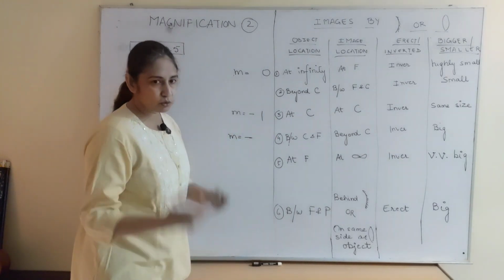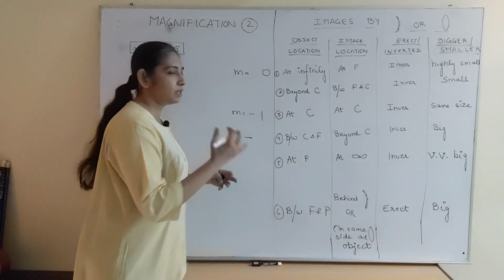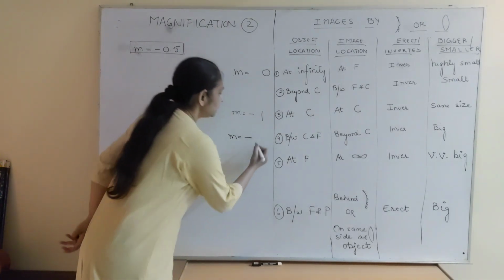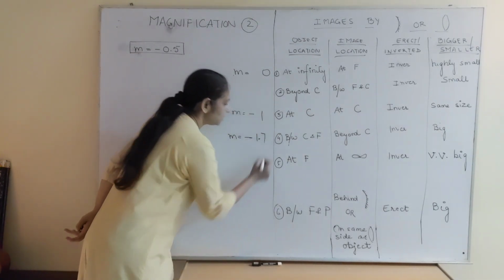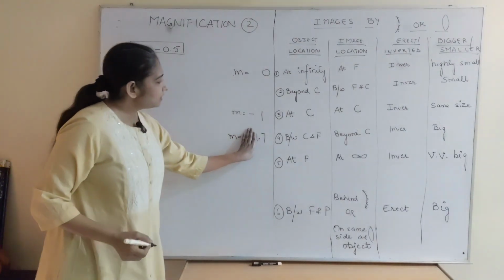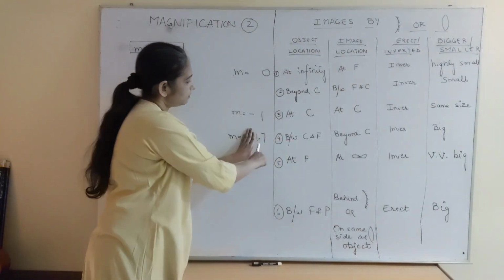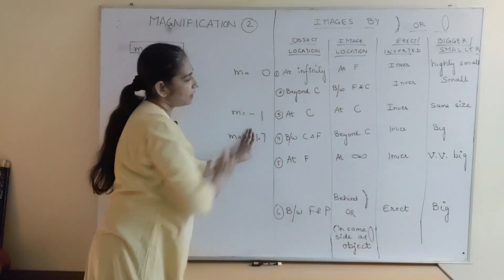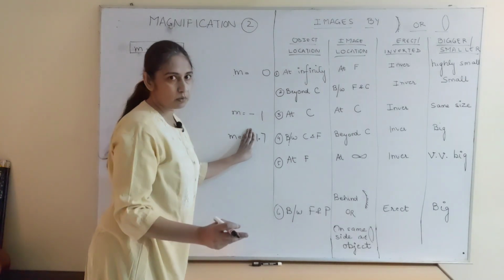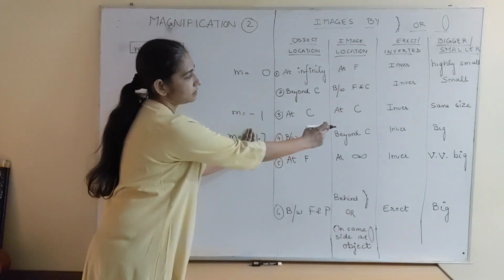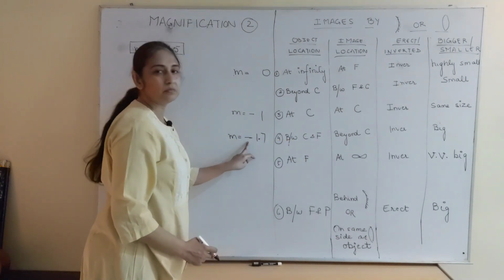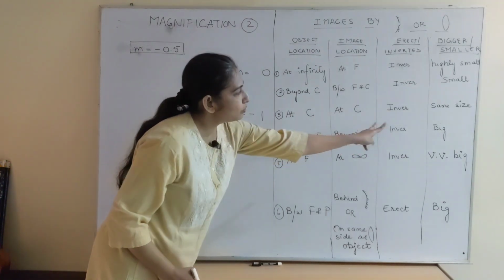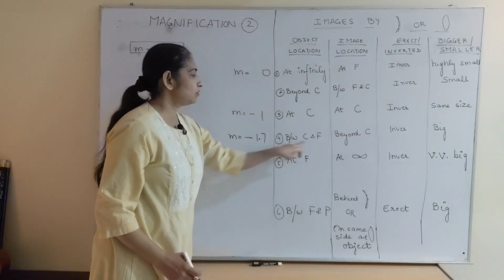Now we can assume it to be 2, 3, 5, 1.5, 1.2. I can imagine it to be anything. So if I say that the image is bigger, the numerical value we have to take is bigger than 1. And if I say it is inverted, immediately from those two columns we come to know where the object has to be.